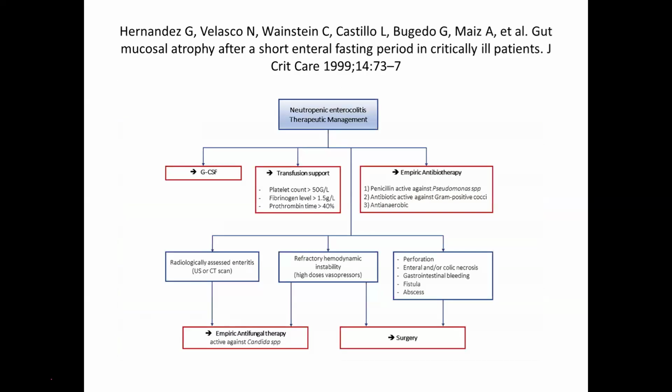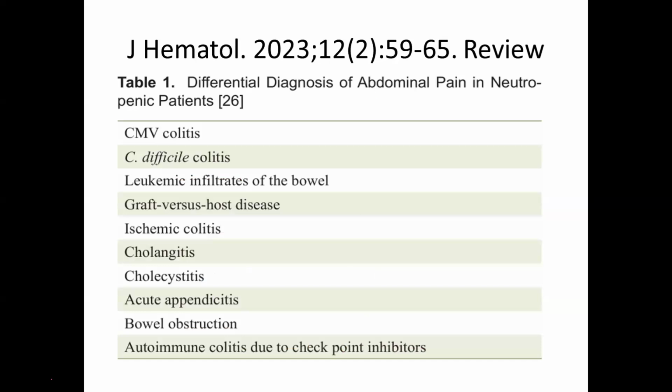Another important point before I go into the management is that sometimes you may have clinical and also radiological evidence for the diagnosis of neutropenic enterocolitis, but there are reports that show that in 15% of cases, these patients may not have any histology suggestive of that.